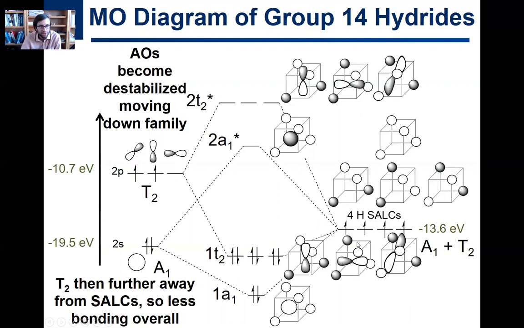We have same symmetry, but as we go down the periodic table, T2 is going up, so we're getting less and less similar energy, so you get less and less overlap and make a weaker bond. Basically, this energy rises up. Okay, and that's what's happening.